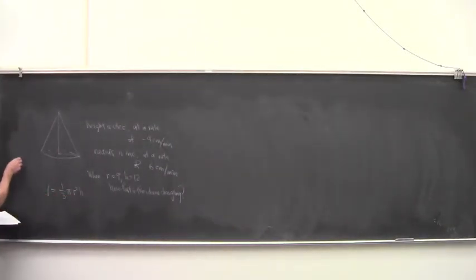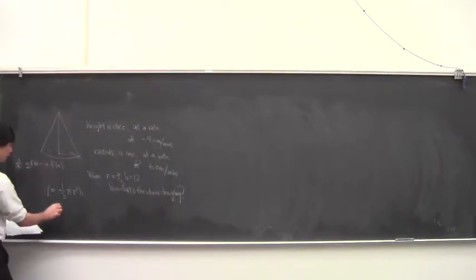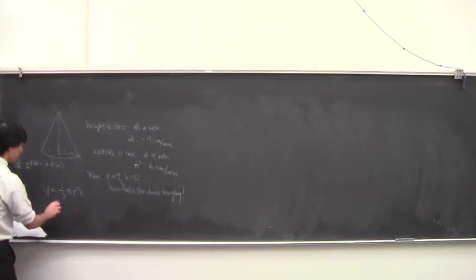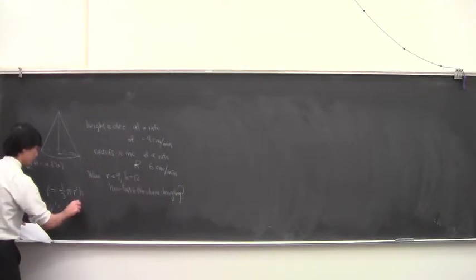Okay. So you have these rules, right? The derivative of a constant times a function is that constant times the derivative of the function. So here's a constant. You can just pull the constant out, put it on the side. When I differentiate this, v prime is going to be 1/3 pi times the derivative of r squared h. Right?